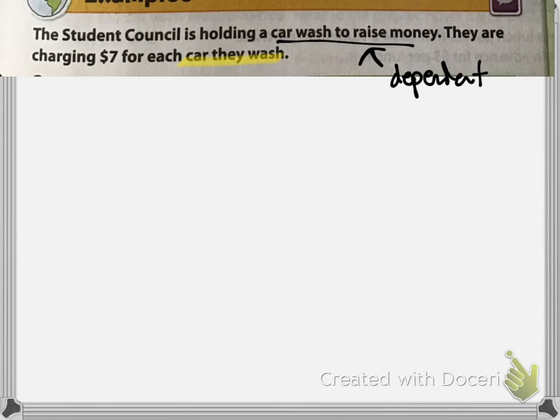So we would have 7 cars equals, and we don't know how much money yet, but the book will tell us, and it says $210. So we find out that by washing cars for $7 each, they make $210. So our unknown is the number of cars they wash.